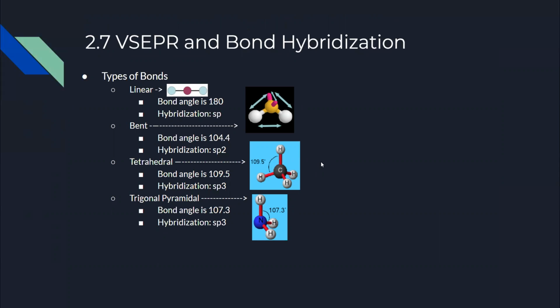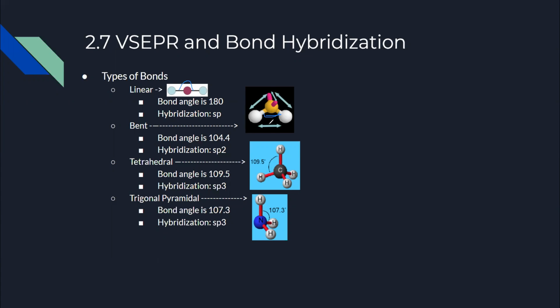The first type is linear, shown over here. For linear, the bond angle is 180 degrees and the hybridization is sp. For a bent molecule, the bond angle is 104.4 degrees. I was trying to draw a curve, but yes.